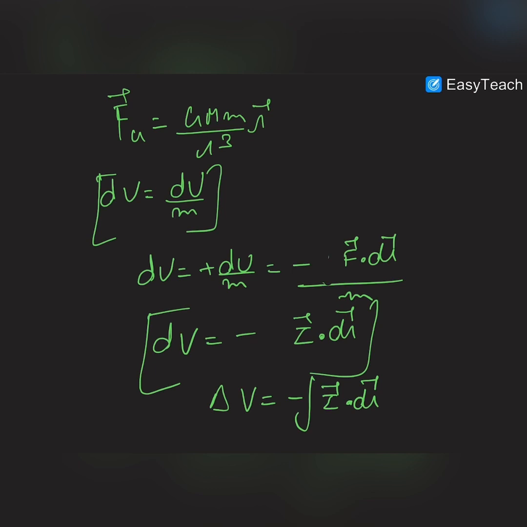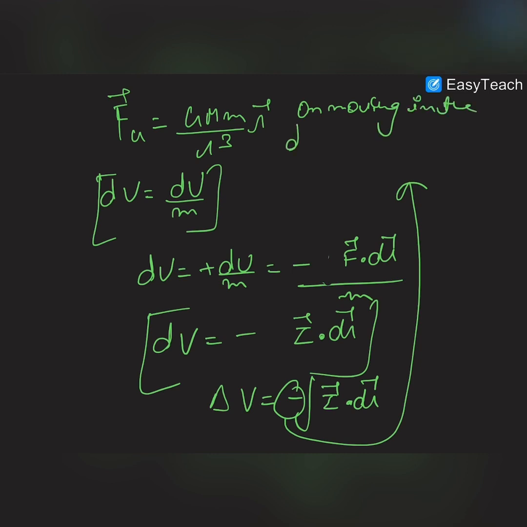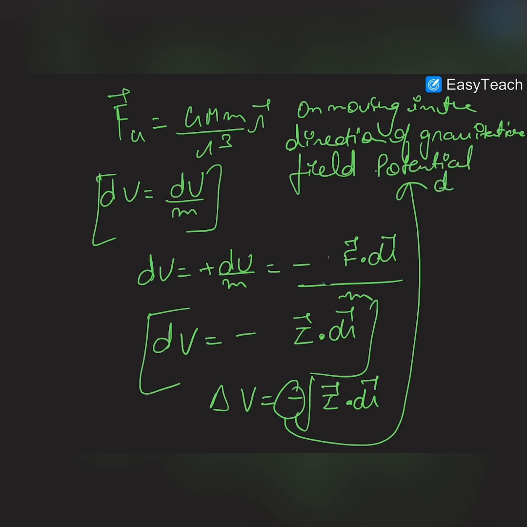This negative sign indicates that on moving in the direction of gravitational field, potential decreases. So this is the significance of this negative sign.